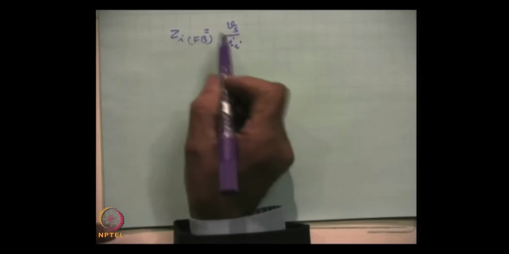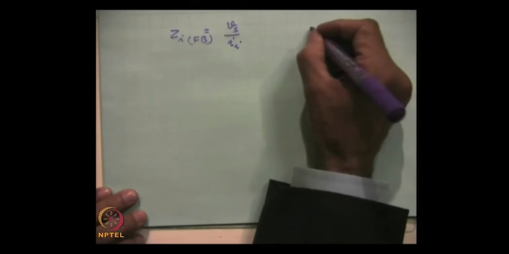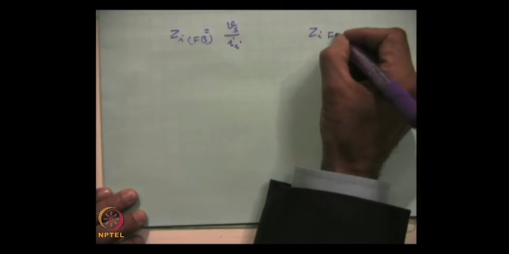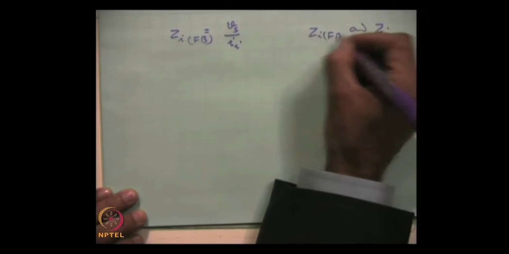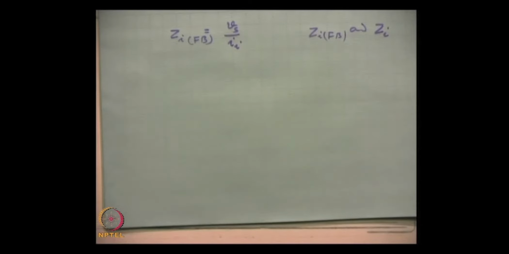Our objective here is to show what is the relationship in this circuit, voltage series negative feedback, between Z I F B and Z I. This is what we are deriving by simple analysis. This is simple, but it is complete analysis. There is nothing like detailed analysis for these amplifiers.